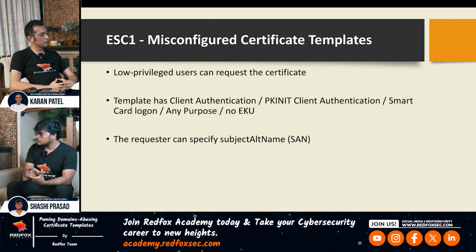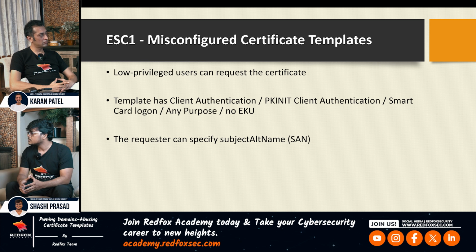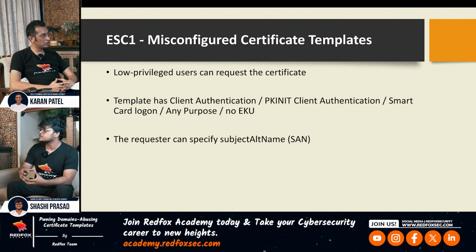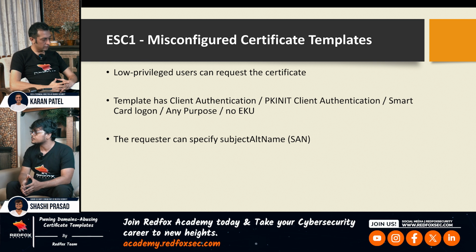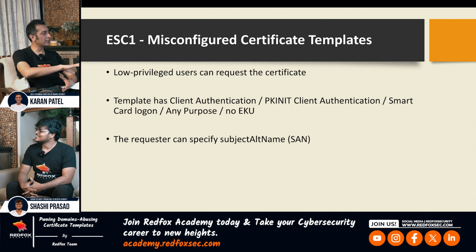Then using Certipy, we can request a certificate for a domain administrator. Since, as we just mentioned, as a client or a user we can specify another alternate name for the certificate, we will go for a high privilege user, which is the domain administrator. Once we get a certificate for the domain administrator, we can just authenticate in the domain as the domain administrator. And we all know what will happen then. So this is privilege escalation from domain user to domain admin, right?